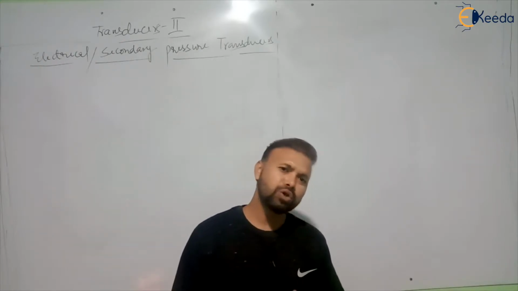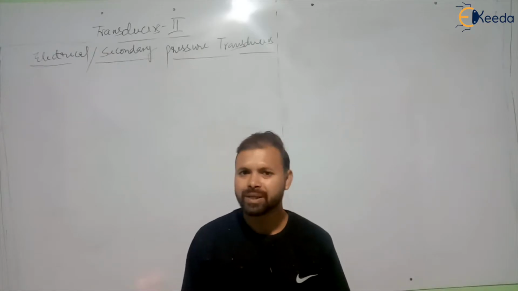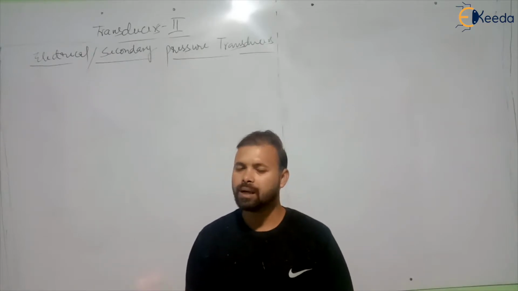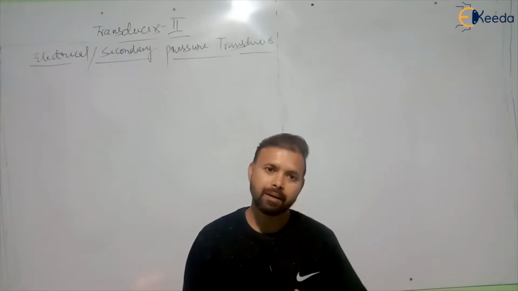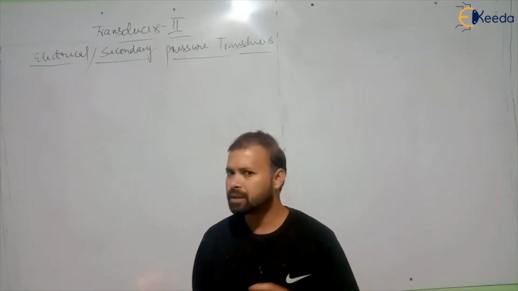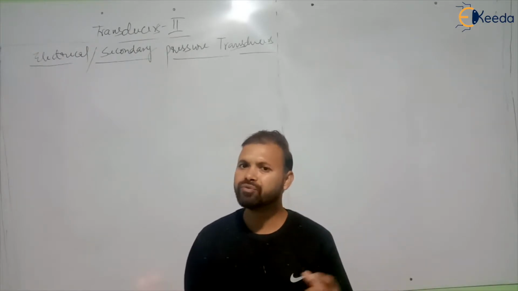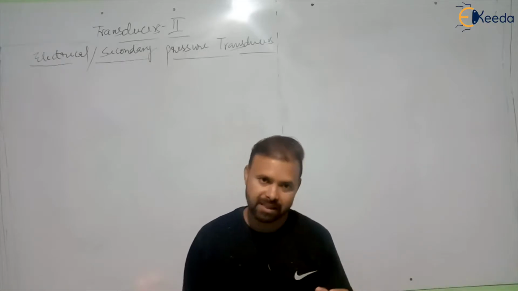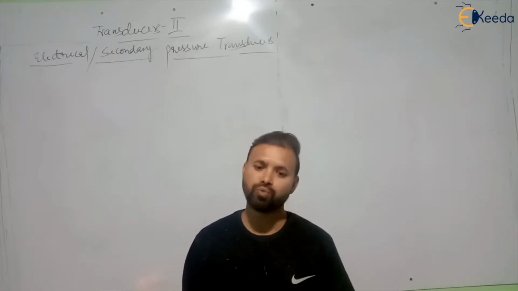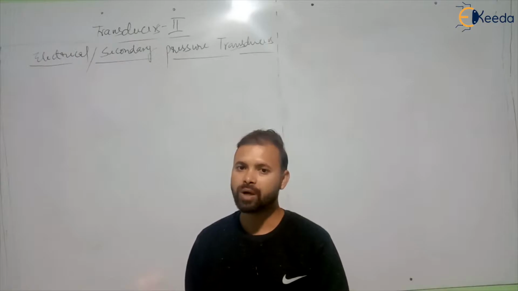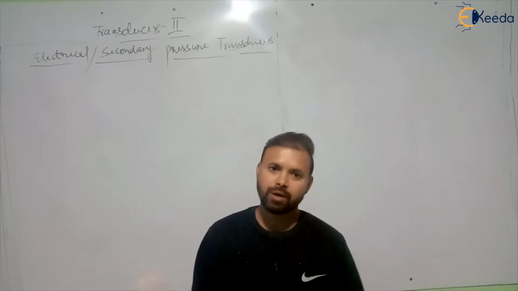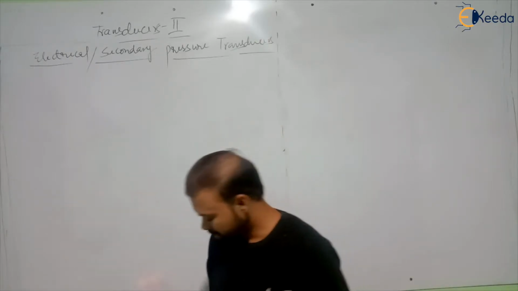In most of the cases you will transmit current only. Why current only? The range of those currents will be 4 to 20 milliampere. This you will study in process control. Let's not go into that direction.